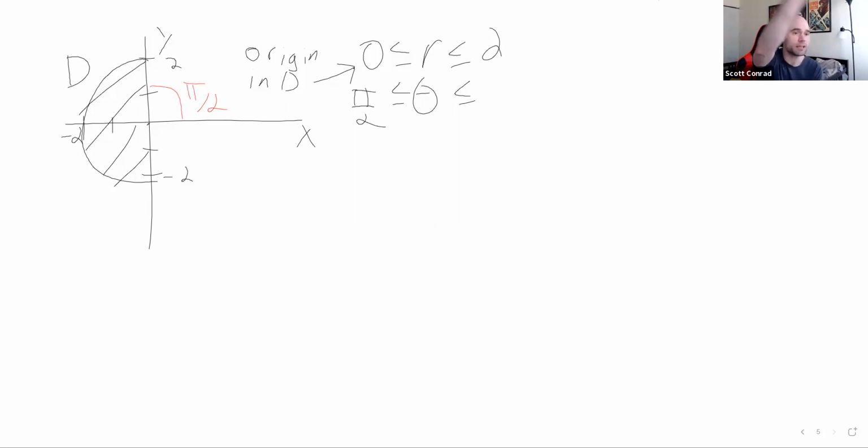And the biggest angle they make, if you keep going around, you hit 3pi/2. And so this is how we would describe this region D as a polar rectangle.